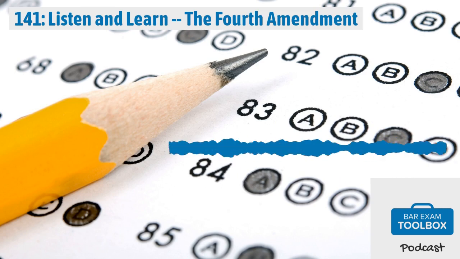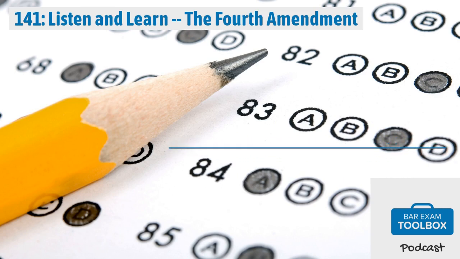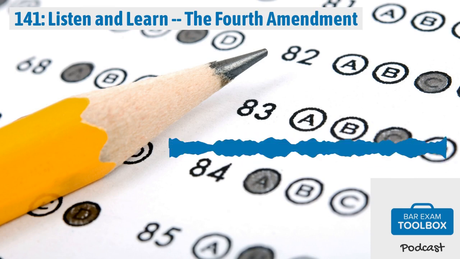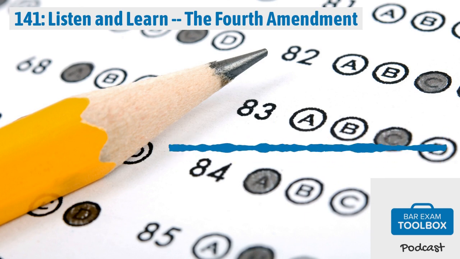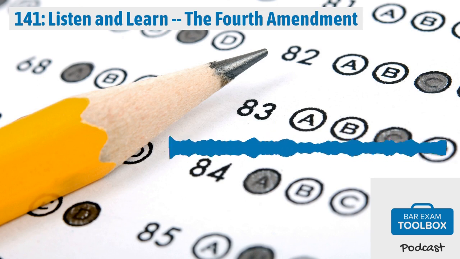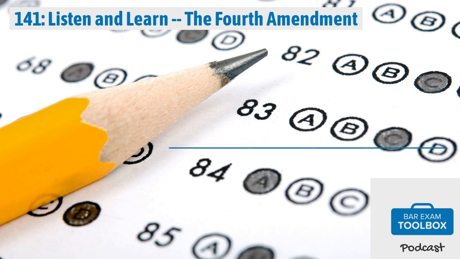Does the individual have standing to challenge the search? And 3. Did the actions of the government agent constitute a search? If there is an affirmative answer to all three of these questions, the Fourth Amendment was likely violated. There may be some exceptions, but that is a topic for another day. So let's walk through these three questions now and then apply them to some hypotheticals.